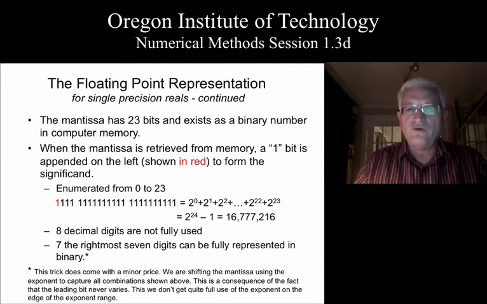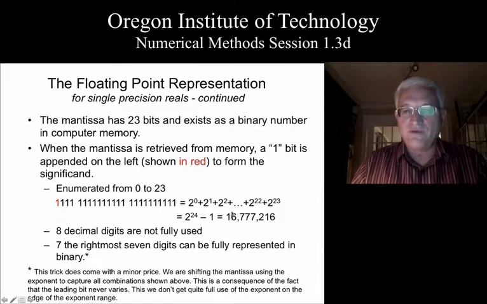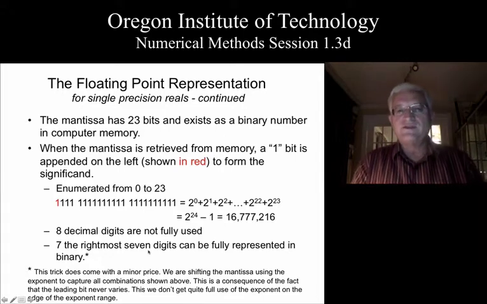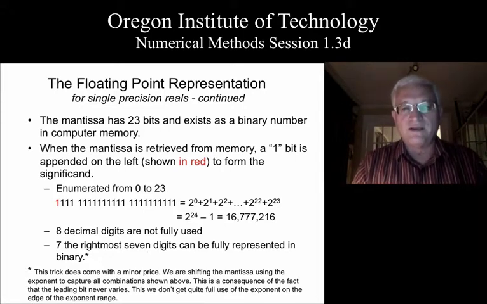But if you only used the rightmost 7 digits, then you could fully cycle through all possible numbers up to that range using the 7 digits. And so that is what we are going to end up calling our significant digits for single precision reals.